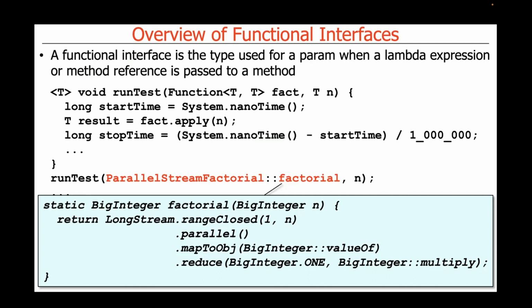Then we apply something called a reduction terminal operation, which multiplies these various values in that range from 1 to n in parallel and reduces it to a single result, which of course will be the nth factorial, which could be very gigantic, as it turns out. Just a fun example to illustrate how you can use these things in the context of modern Java functional programming.